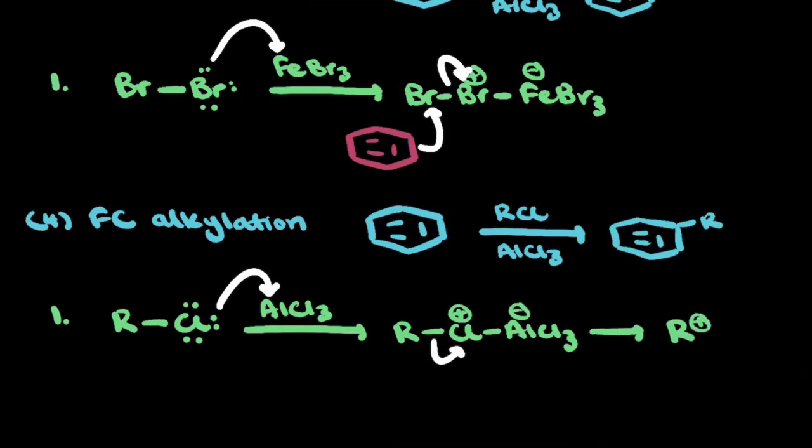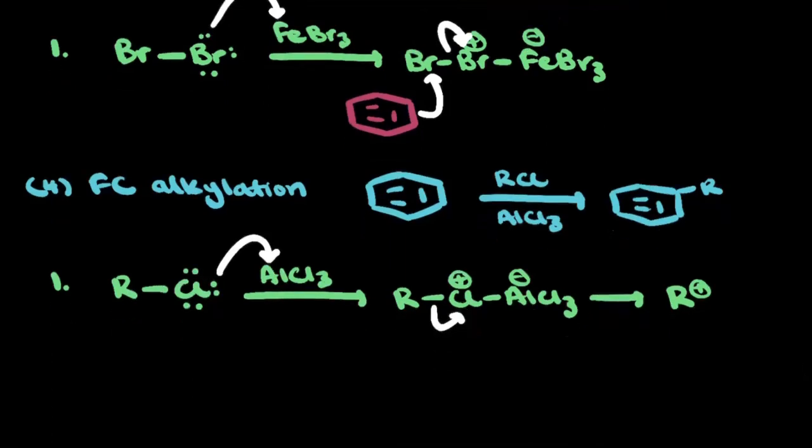I'll leave this as just R+ right now because we're going to talk about it more later when we get to the limitations of these. But just know that you're going to have some sort of a cation forming there, or if you have a much smaller R group, like a methyl group, you might end up doing an SN2 type reaction instead, but that's not too important right now.